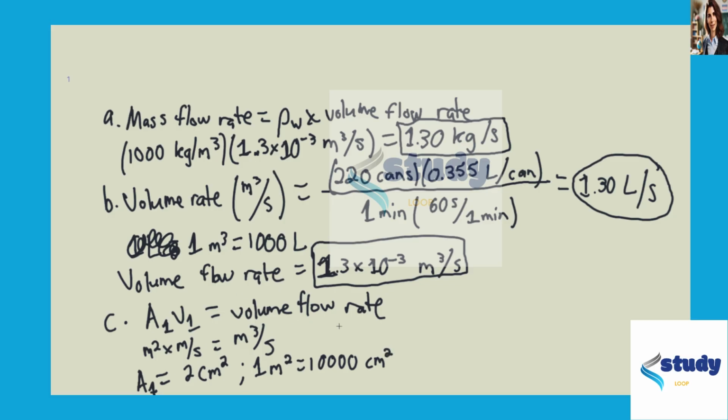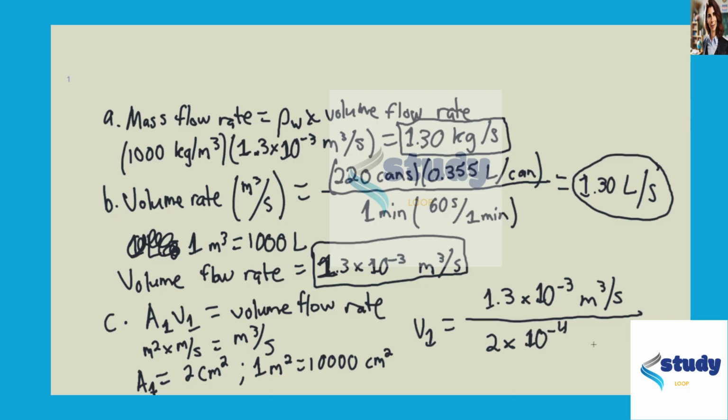So when we solve for this, V1 is going to equal the volume flow rate, 1.3 times 10 to the negative third meters cubed per second, divided by 2 times 10 to the negative fourth meters squared. And we find that the velocity in the first section is going to be 6.5 meters per second.